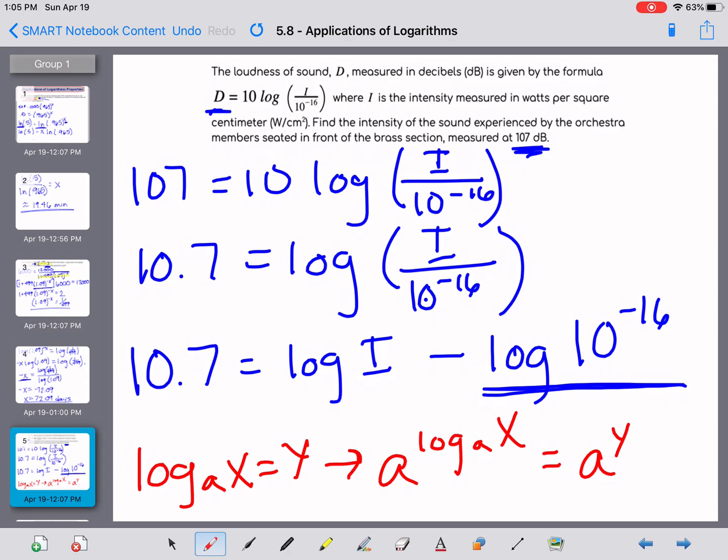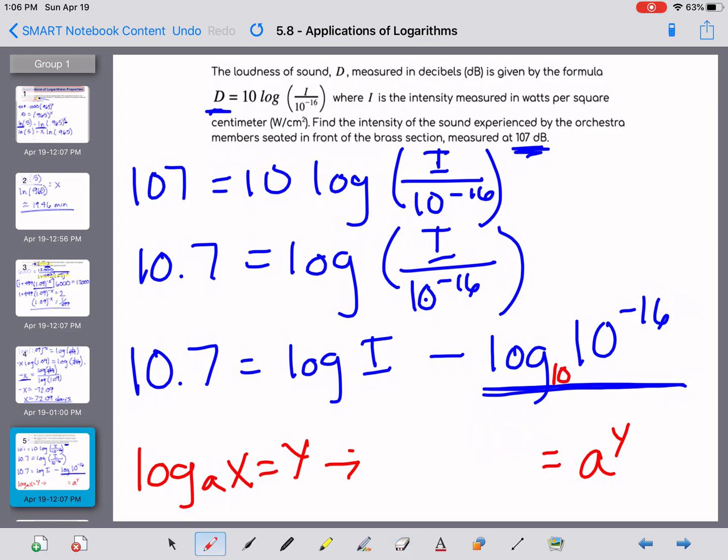But the big piece on this is that this basically all goes away, and then all I'm left with is the x.